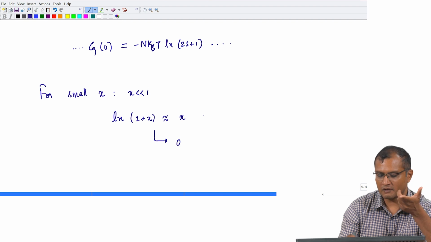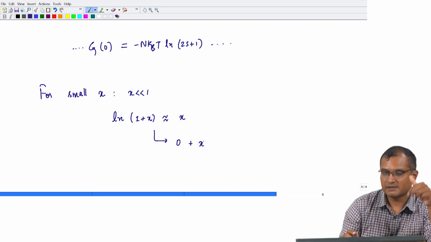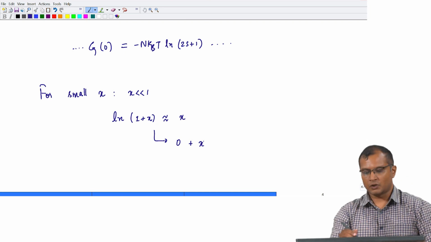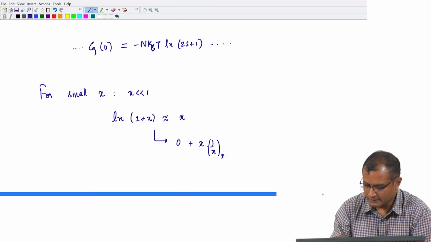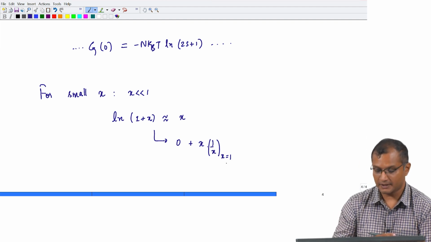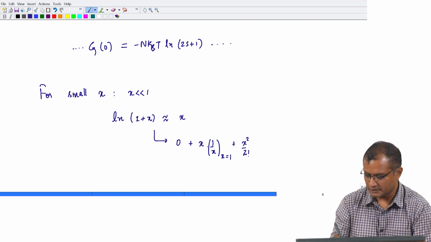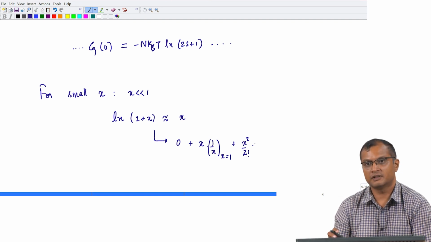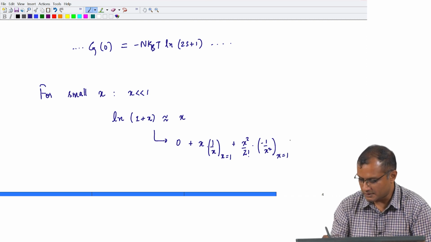So, ln 1 plus x is ln 1 plus x times the derivative of ln x, which is 1 upon x at x equals 1, plus x square by 2 factorial 2 into the derivative of 1 by x, which is minus 1 by x square at x equals 1, and so on.